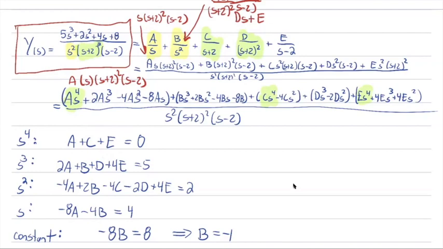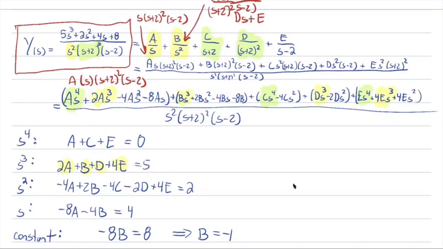And then we do the same for the other powers. For s cubed, I've got 1, 2, 3, 4 of those, and that's where this and that come from. For the s cubed terms, the coefficient in front of the s cubed is 5, so that's why I set all of this equal to 5.